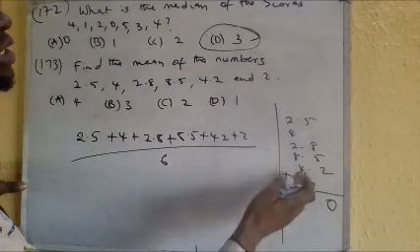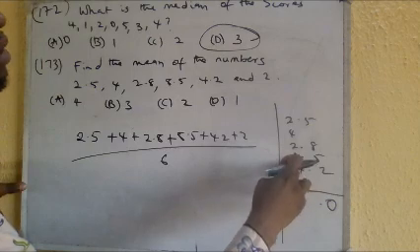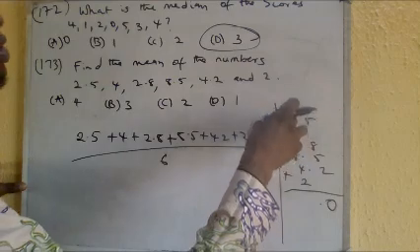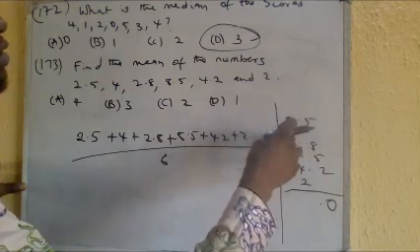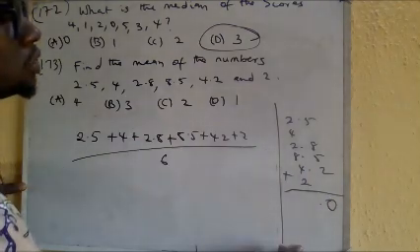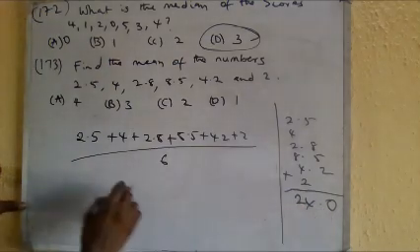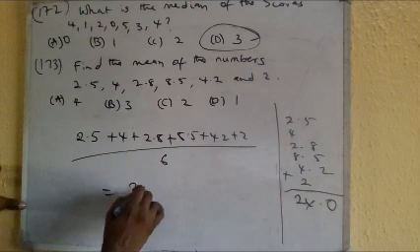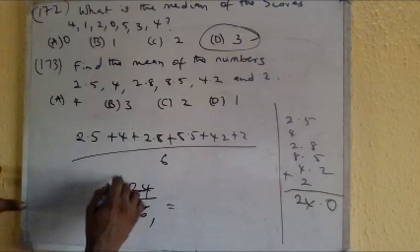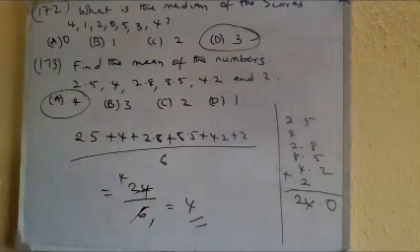Okay, intelligent addition: if I add 2 here, it's already 10. 10 plus 2 is 12, 12 plus 6 is 18, 18 plus 2 is 20, plus 4 is 24. So already I have 24 as the addition of all this, and 6 under here. So 24 over 6 is 4. The answer is 4. All right, so we'll move on to the next question.